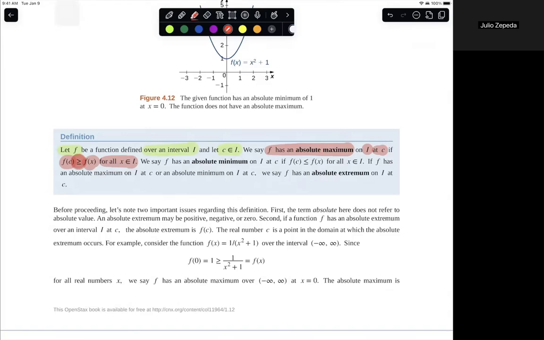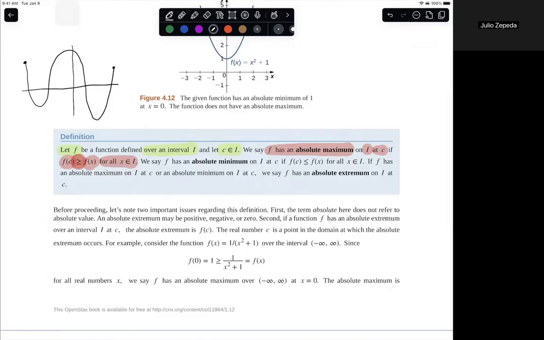Okay, so just to draw a picture of what we're saying there, let's suppose that we have a function that does something like this. And then let's suppose that the function ends at these endpoints here.